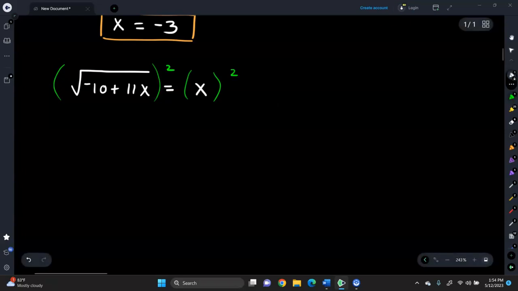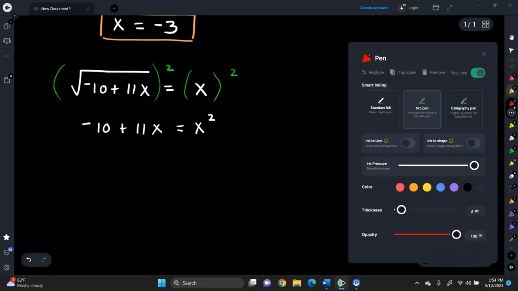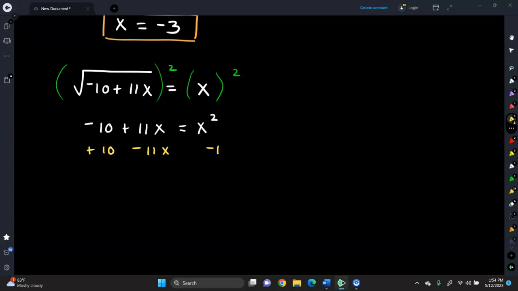And when we do that, the square root drops out, so I have negative 10 plus 11x equals x squared. Now this one's a little harder because I actually have a quadratic equation to solve. And remember, quadratic equations have to equal 0 in order to solve them. So I am going to subtract 11x and add 10 to both sides.